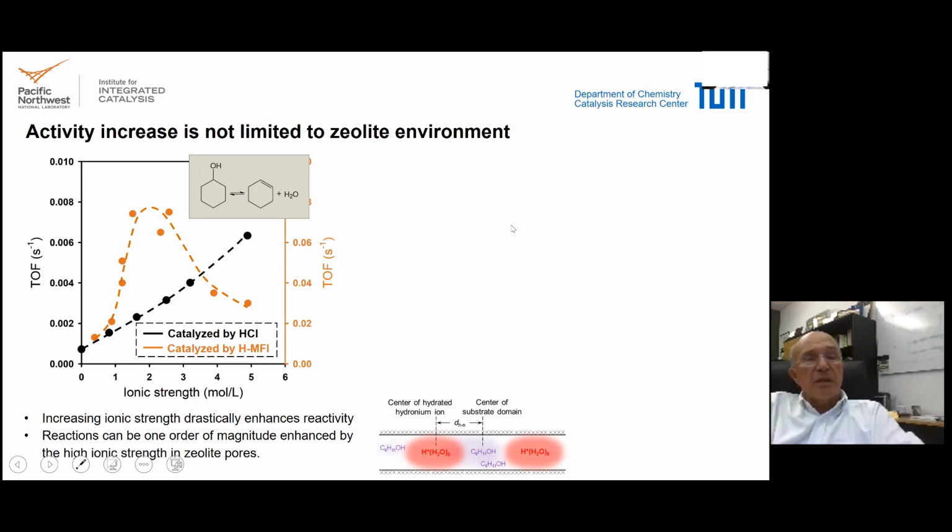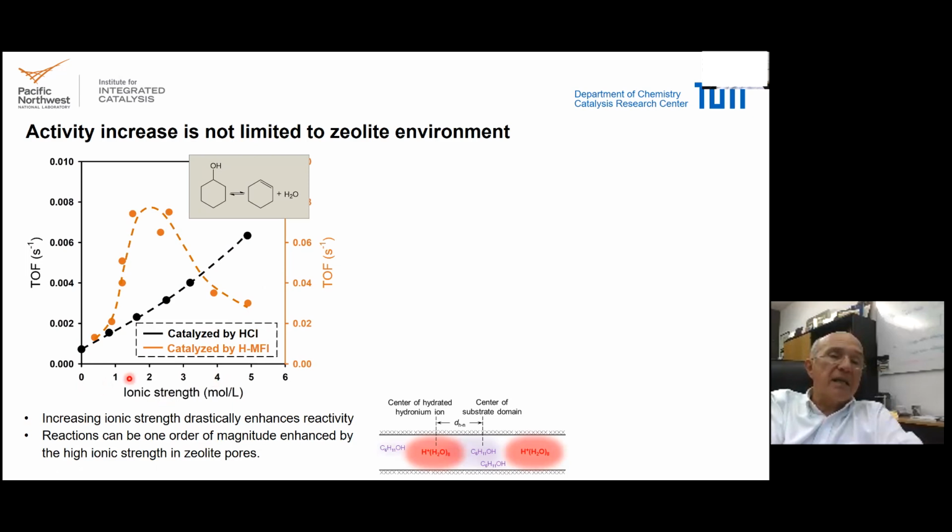Can it be extrapolated? Well, if you compare now the maximum that we saw within the confines of a zeolite with the increase in the ionic strength in an aqueous solution of HCl in this particular case. Here, we did not change the concentration of HCl.